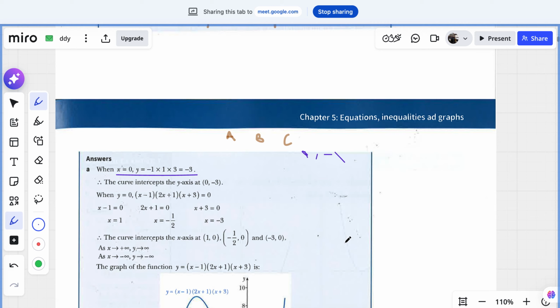This is the cubic function or the cubic graph that should be sketched. In the exam, they ask you to sketch this graph.